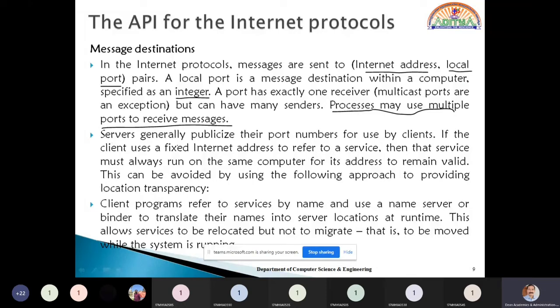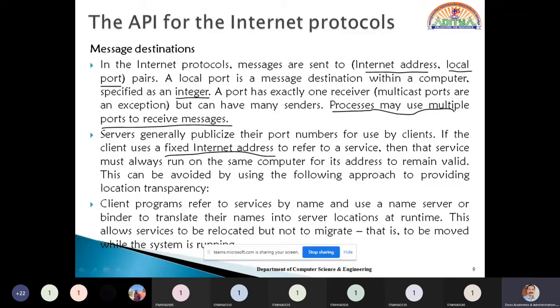The client uses a fixed internet address to refer to a service, and that service must always run on that same computer for its address to remain valid.